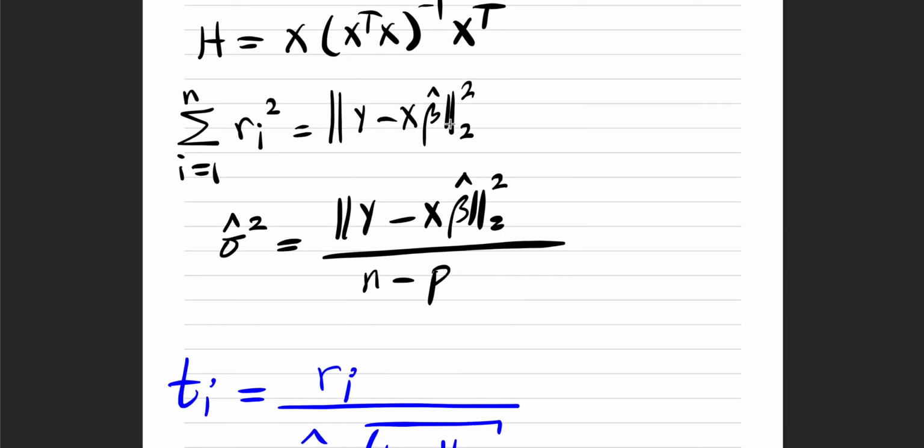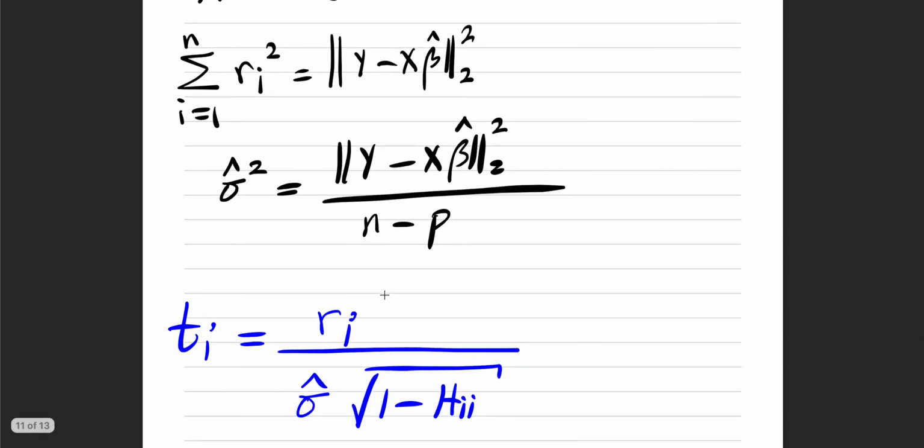this is the residual sum of squares. This is our estimate of the noise variance. It's the residual sum of squares divided by n minus p. And the studentized residuals are the residuals divided by the estimated standard deviation times the square root of 1 minus the diagonal elements of the hat matrix. The diagonal elements of the hat matrix will play a role in leverage.